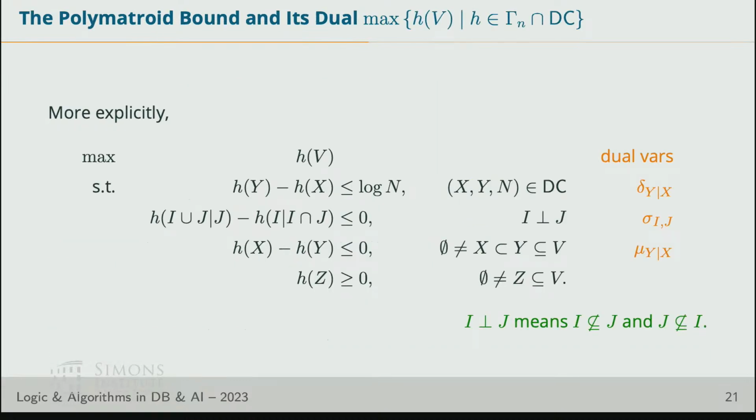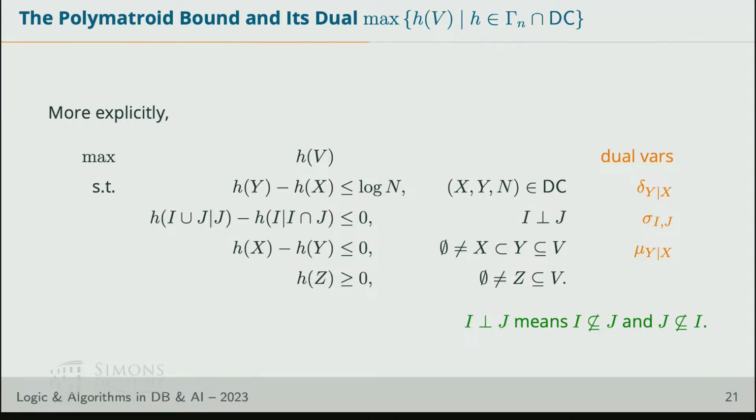Right, so let's write it down more explicitly. What do we mean by polymatroid? What do we mean by degree constraints? So the problem is we want to maximize h of V, where V is the set of all variables, subject to the degree constraint: h of y minus h of x is less than or equal to log n. Here I'm assuming that y is a superset of x, just to remove the annoying y union x every time.